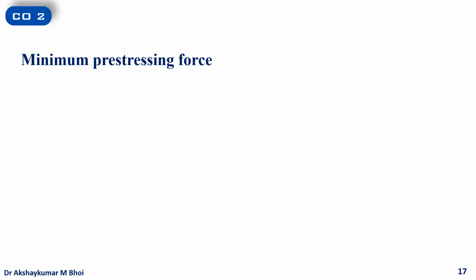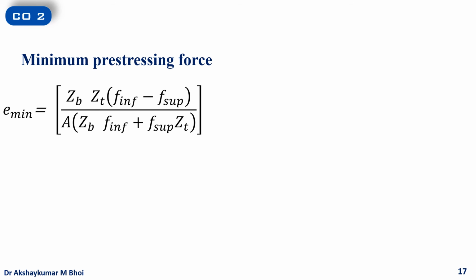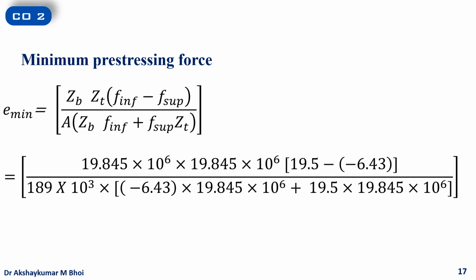And finally, the minimum eccentricity E minimum can be calculated as ZB into ZT into F inferior minus F superior divided by area of concrete section into ZB into F inferior plus F superior into ZT, which turns out to be 208.31. That is the required answer.